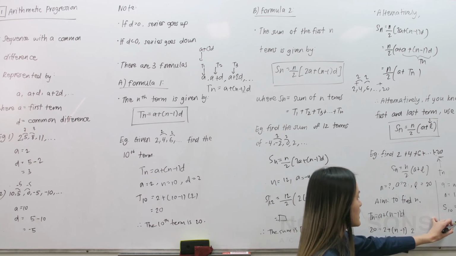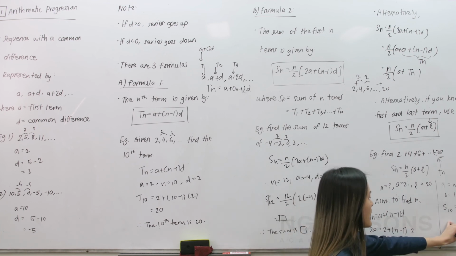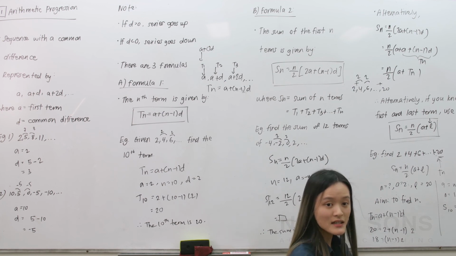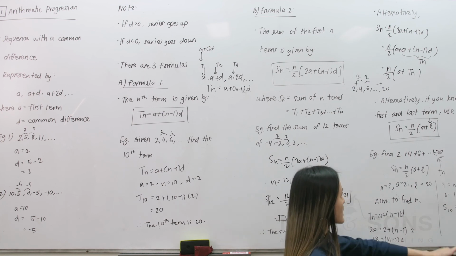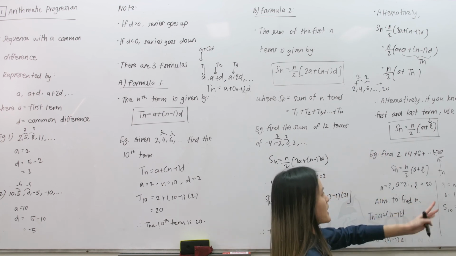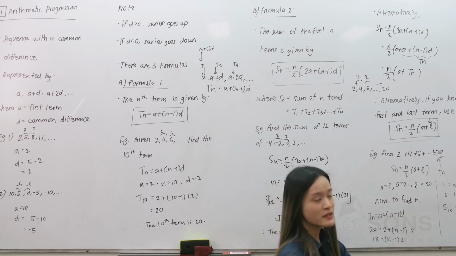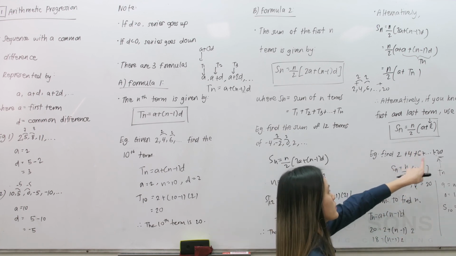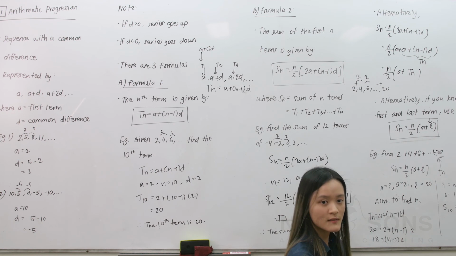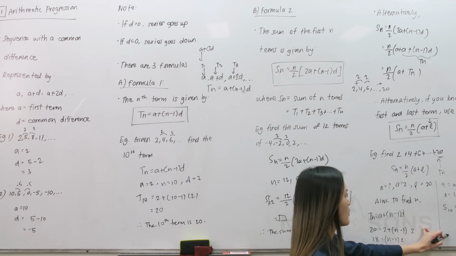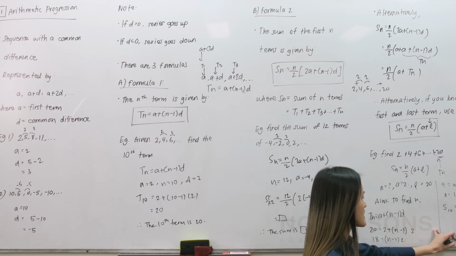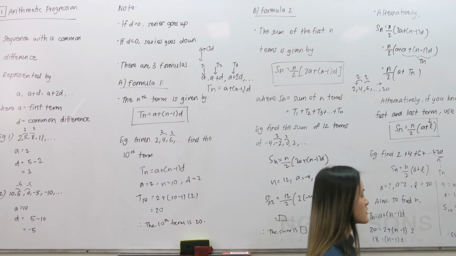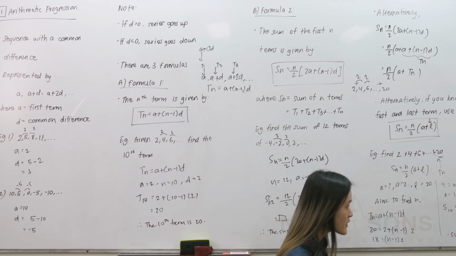Okay, so if you guys sub this into your calculator, you are going to get some answer. And this answer tells me what happens if I get 2 plus 4 plus 6 all the way to 20, okay? And then therefore, always provide a conclusion. You would say the sum is whatever, okay?